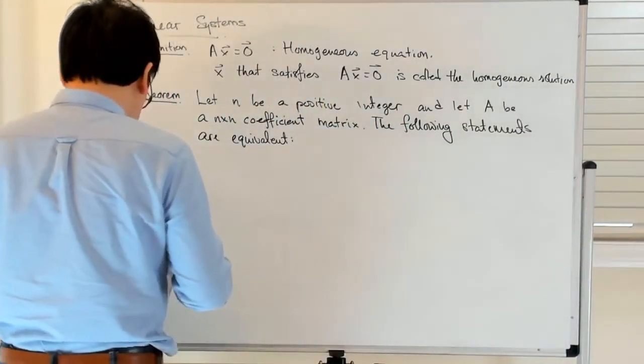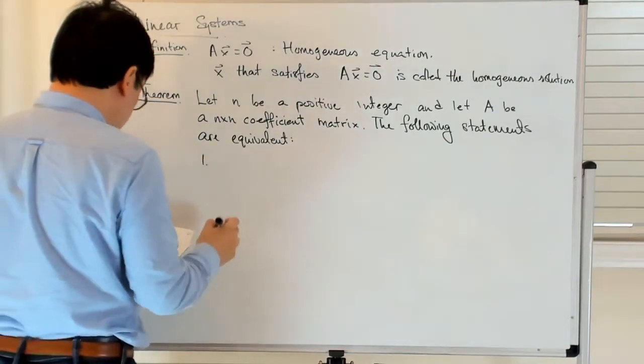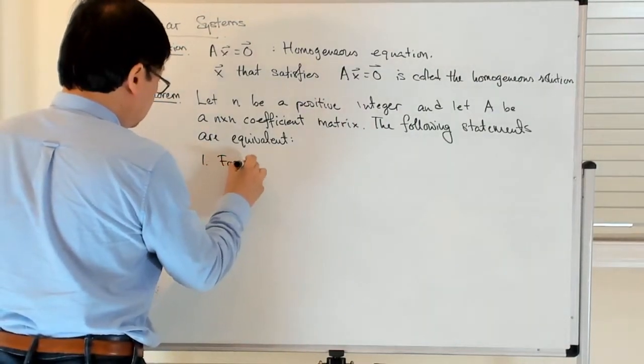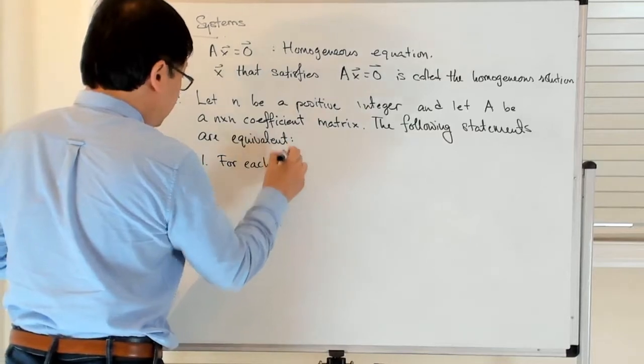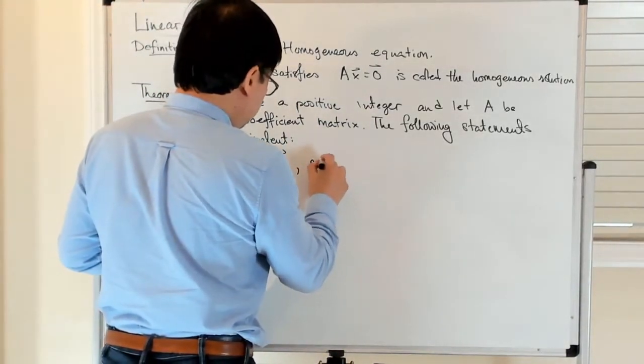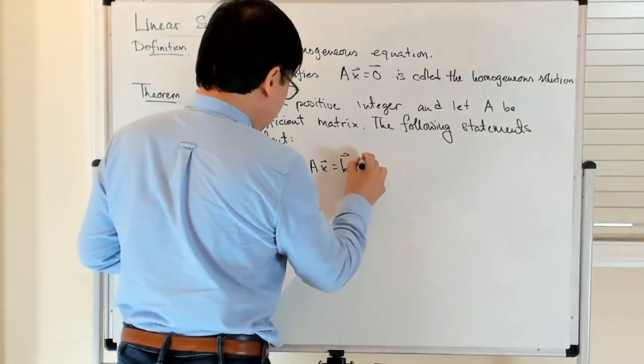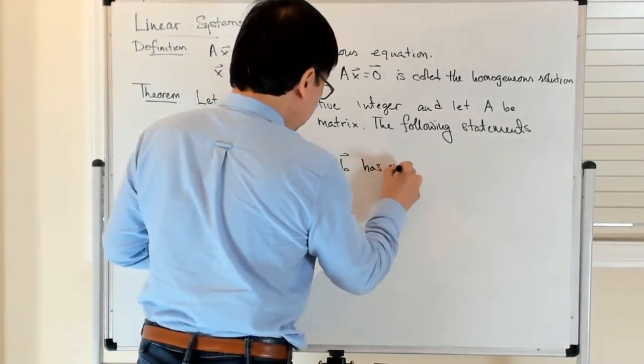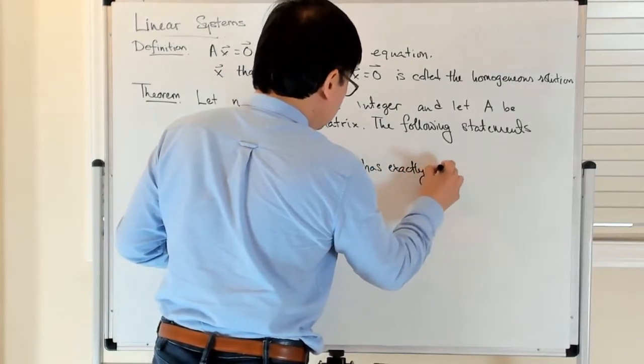The first statement is that for each b, this right-hand side vector, Ax equals to b has exactly one solution.